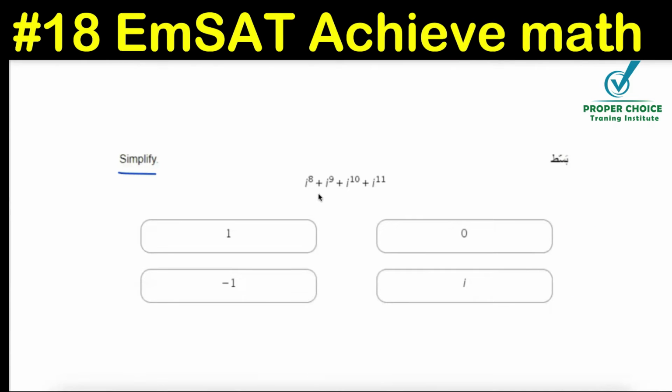Simplify i to the power 8 plus i to the power 9 plus i to the power 10 plus i to the power 11. Which of the options will be the right choice here? So i represents an imaginary term whose value is square root of -1.